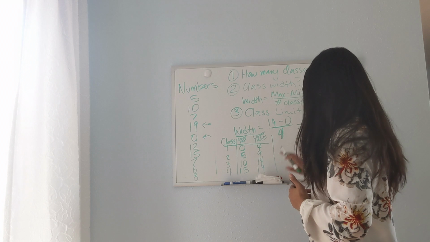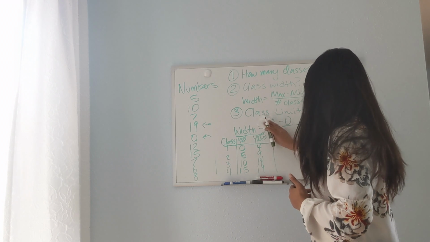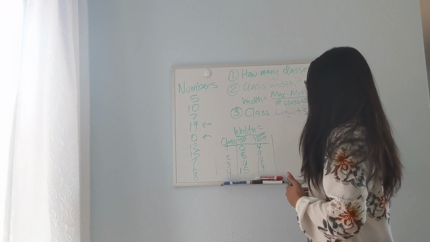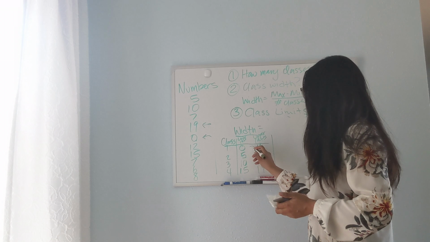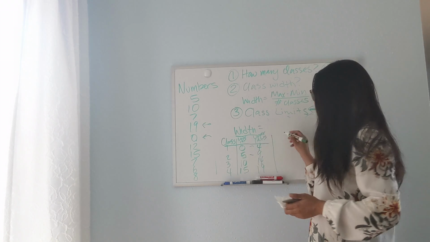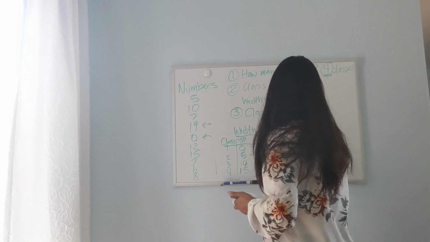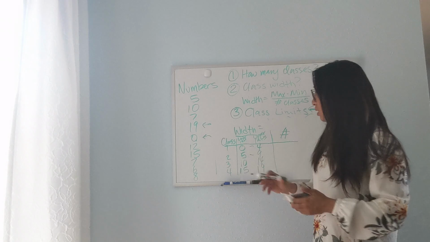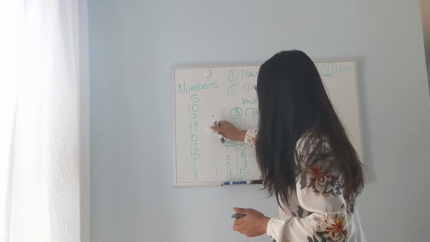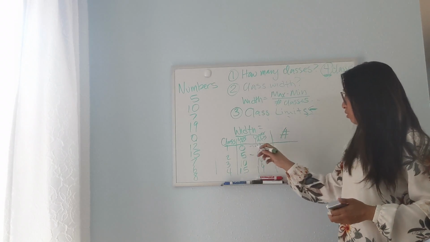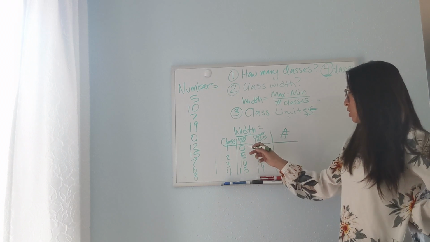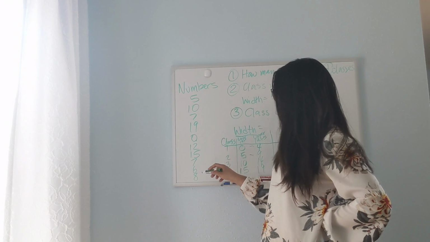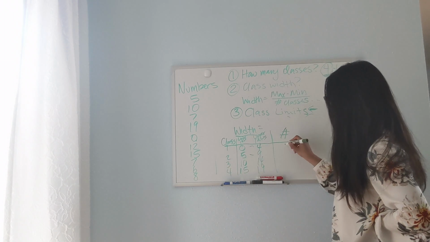Then we need to figure out how many numbers fall into each of these classes. For the first class, which consists of 0 to 4, I only have 1 number in there.